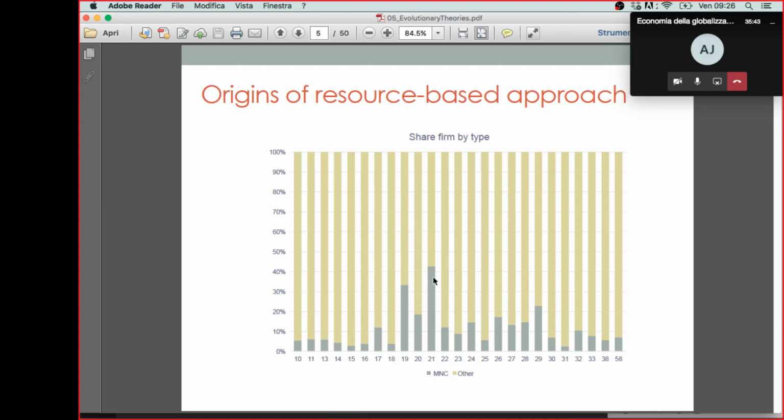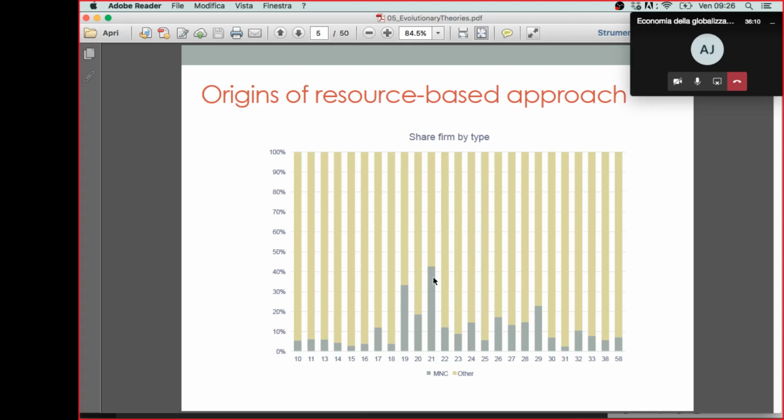Okay, and what is it that affects this decision? Well, again, the characteristics of the sectors in which the firm operates. If it is a sector with large information asymmetries, you should expect that firms are more likely to internalize foreign production activities. So you should expect a multinational company to be there.